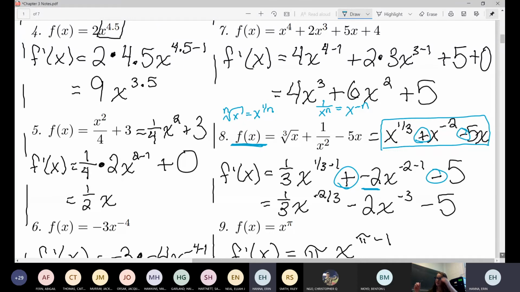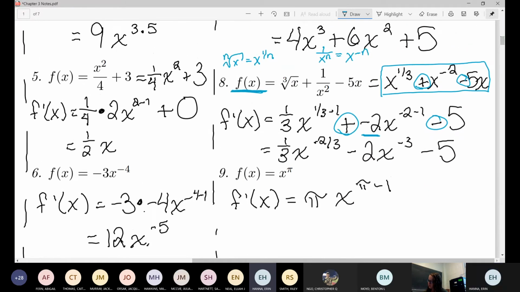So the derivative of 5x, since it's 5 times a variable, and there's no, oh, side note. Let me do a side note down here. We can actually view the derivative of some constant times x as a power rule as well. If you think about this, this is technically x to the 1st.